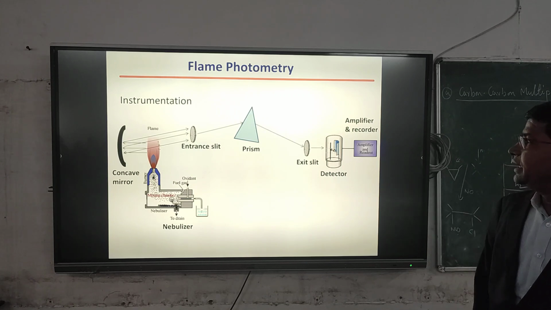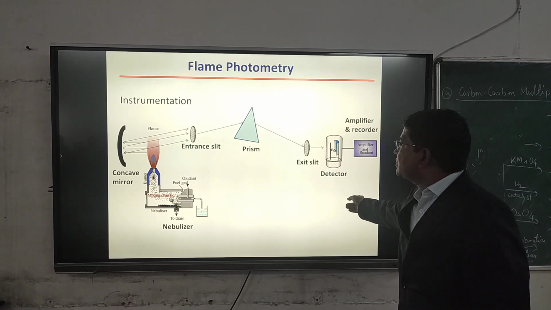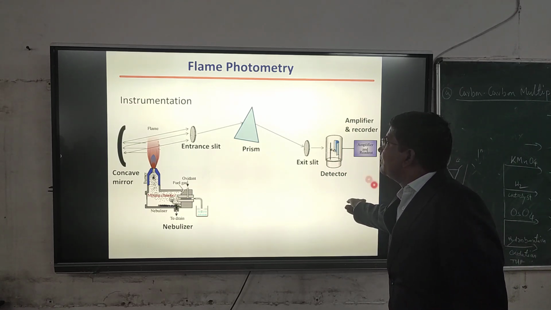Then we have a detector. So this is the instrumentation of a flame photometer, or we can also explain the principle of flame photometry with this technique.